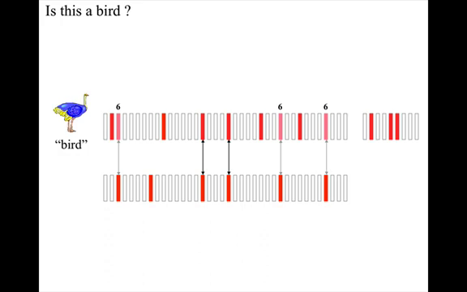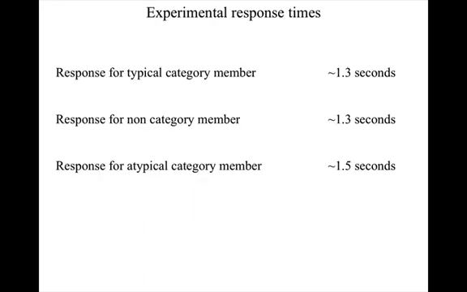So, with a slight time delay to allow for a second stage of indirect activation, the brain can get sufficient overlap to recommend saying the ostrich is a bird. And that's what we observe. Clear category members and clear non-members are classified in the same amount of time, but atypical category members take a little bit longer.